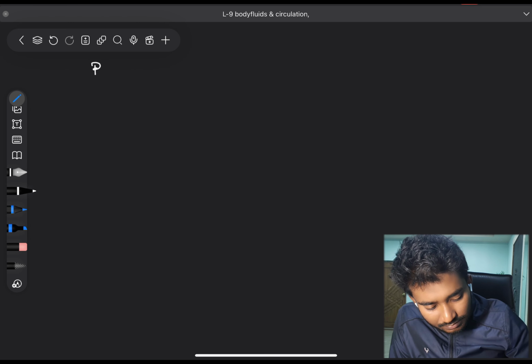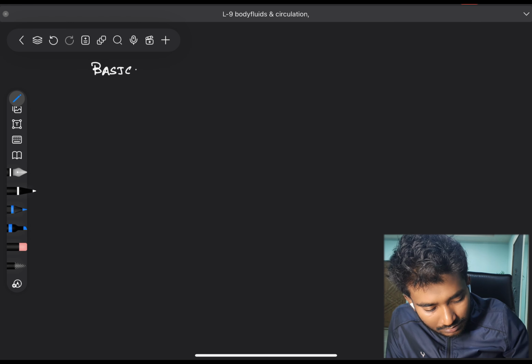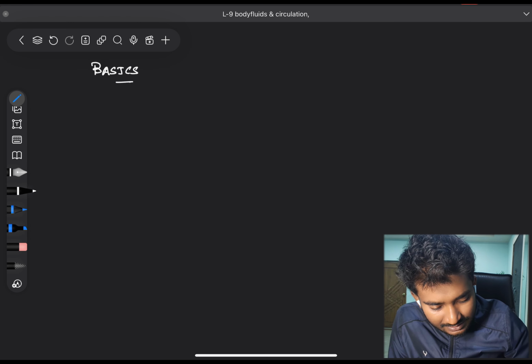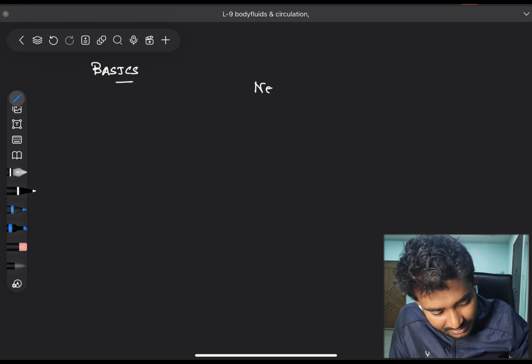So write the basics. The nervous system can be differentiated into two, that is the CNS and the PNS. CNS is the central nervous system, while the PNS is the peripheral nervous system.